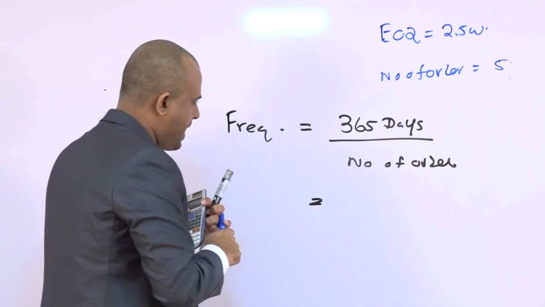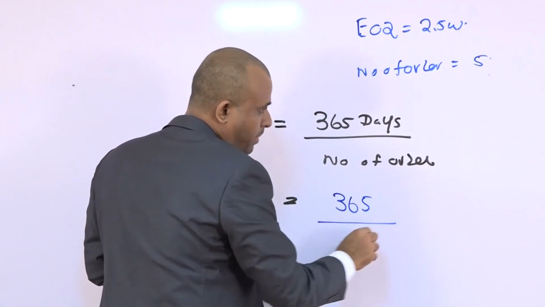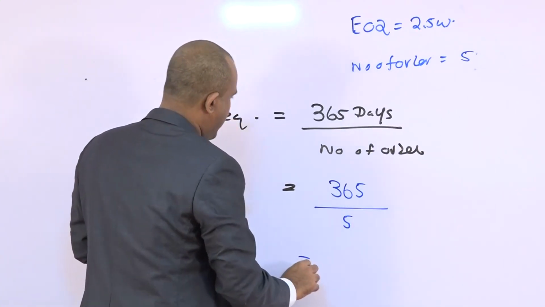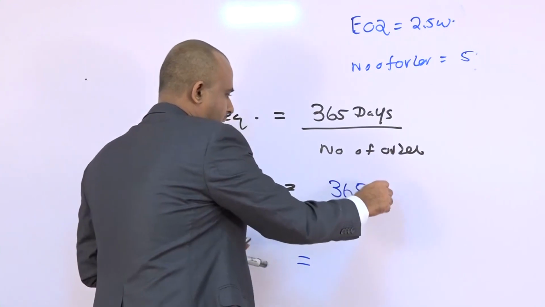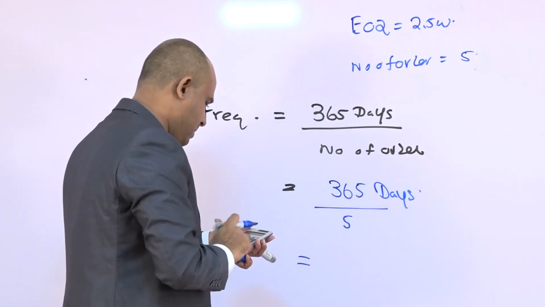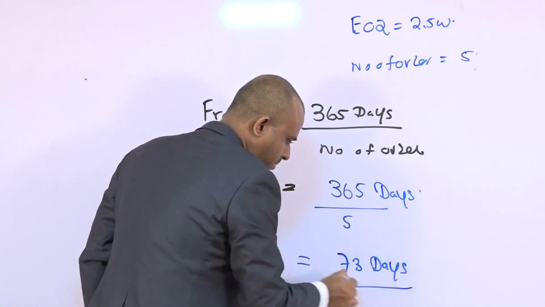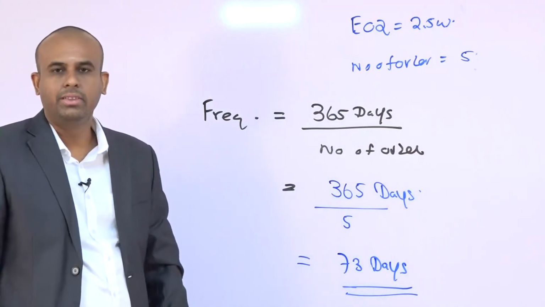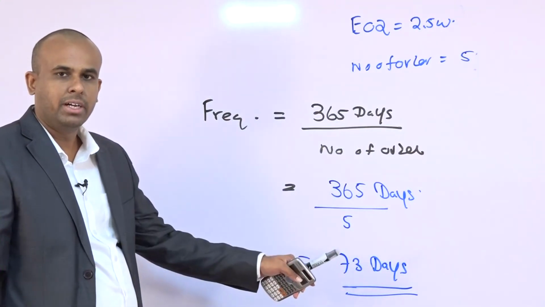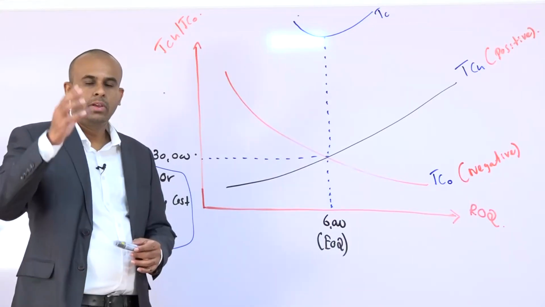You got 365 days, that when you divide by the number of orders, which is 5, then 365 days divided by 5, you got the answer as how many? 73 days. 73 days, which means this business should place the order every after how many days? 73 days. Good. Okay.